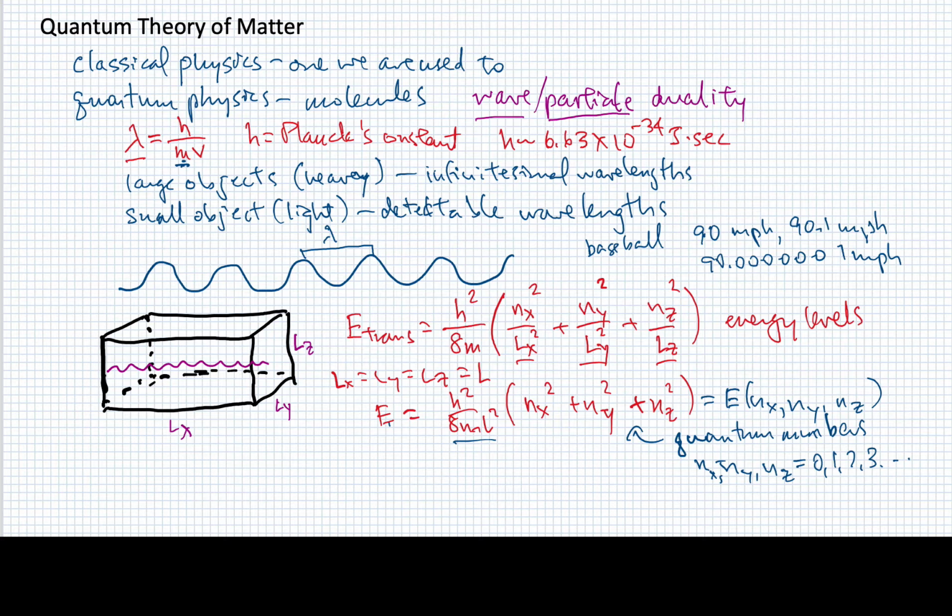Okay, now in the case of translation, and this is one reason why I hesitate to bring this in first, if the box isn't very small, that is to say if the box, say, is 1 centimeter cubed, which may seem like a small box to you, but it's a huge box to a molecule, then this set of numbers out here is going to be something on the order of 10 to the minus 38 joules.